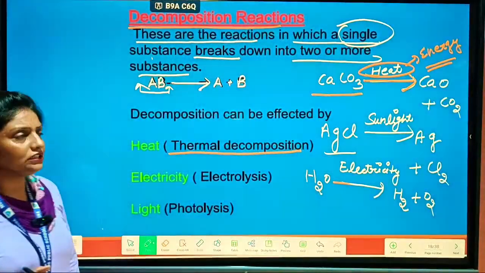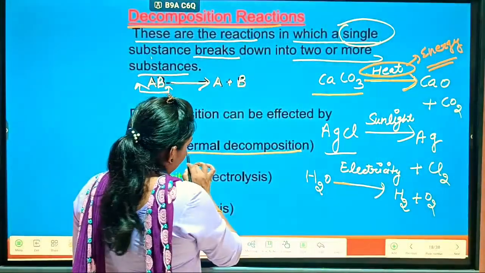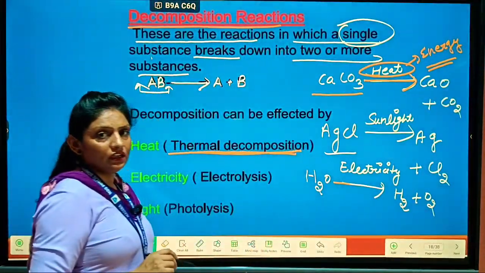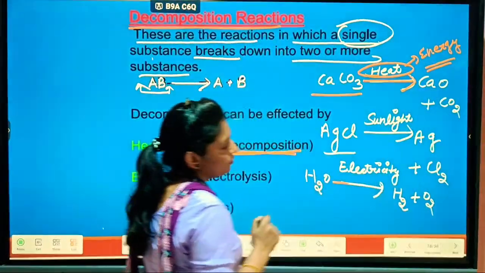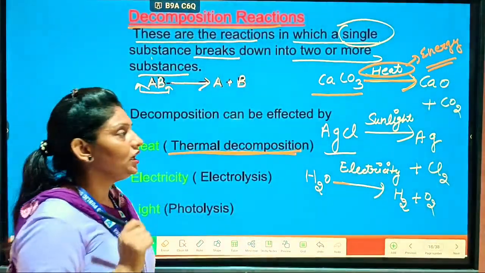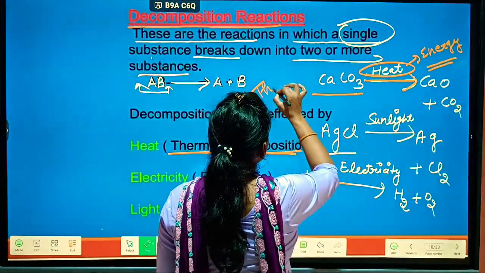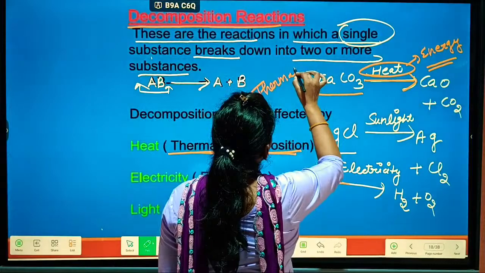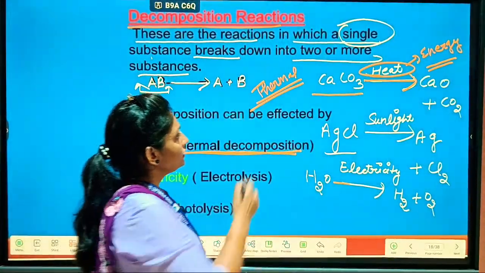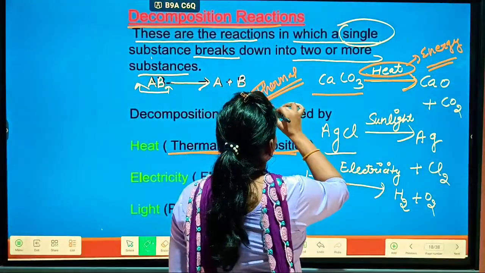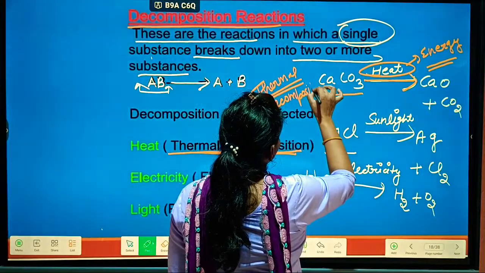What do you mean by thermal decomposition? Decomposition that can be done in the presence of heat, means if we provide energy in the form of heat, then that type of decomposition is known as thermal decomposition, and that type of reaction is known as the thermal decomposition reaction. I hope it is clear to you.